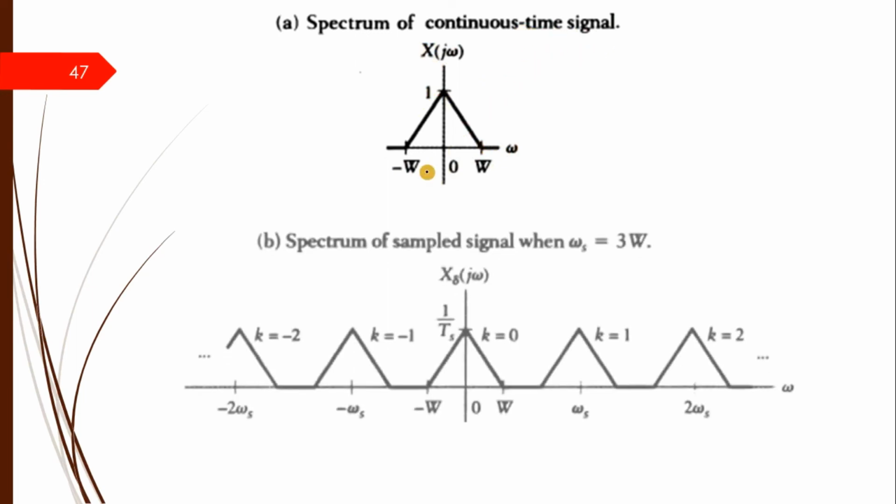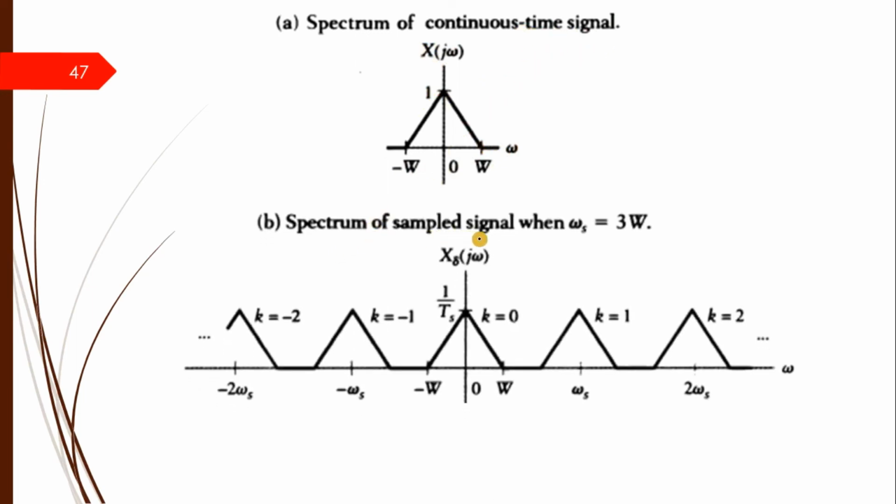Okay, so when I sample it, the spectrum of the sampled signal when omega s is equal to 3W. So when I sample it with a sampling rate of omega s equal to 3 capital W, it would look like so: omega s is here, minus omega s is here.